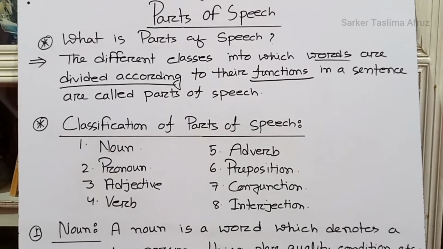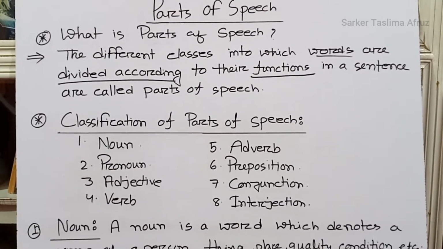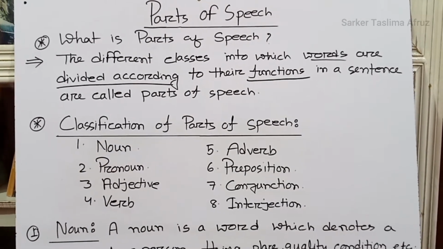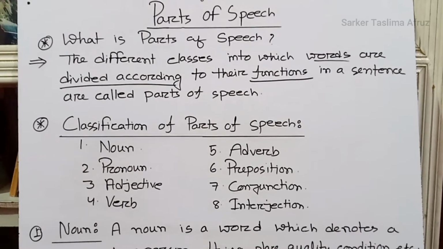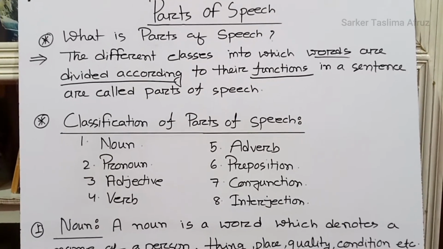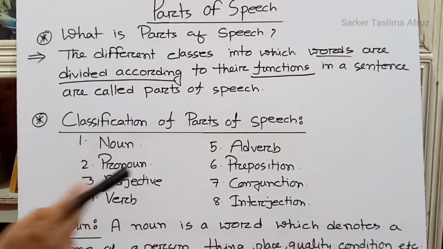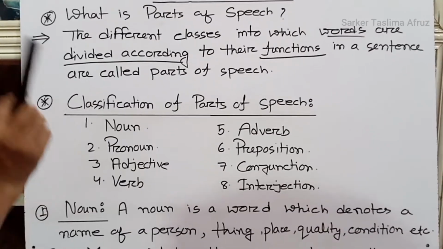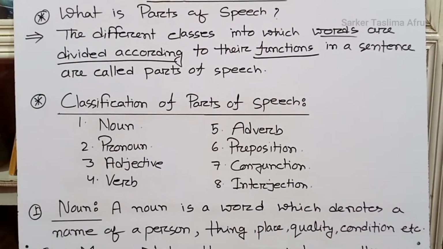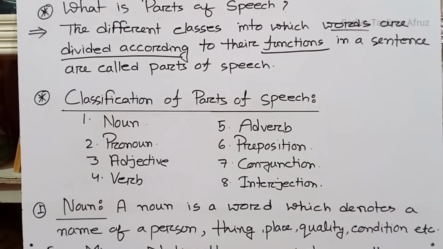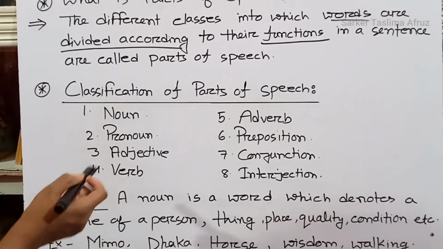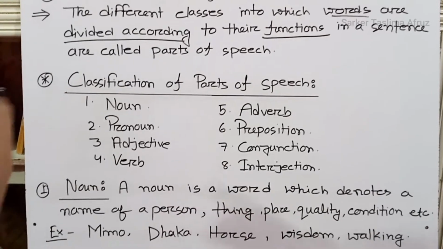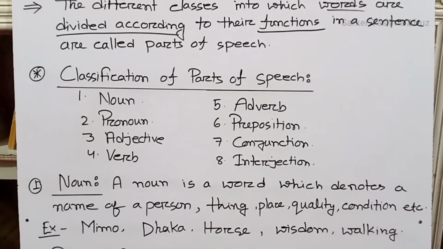So, dear students, we can say why parts of speech are important. Basically, parts of speech help to understand the use or functions of words and how different words can make a meaningful sentence. Yes, dear students, if you want to write a meaningful sentence, in that case, it's very important to know about every part of a sentence. Now in English grammar, you will see the classification of parts of speech, where it is divided into 8 groups.